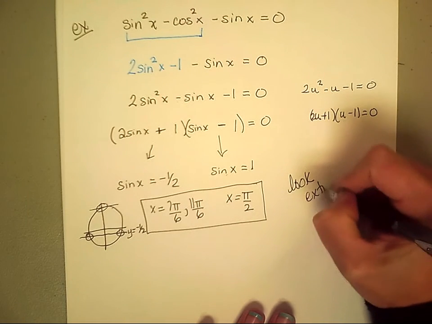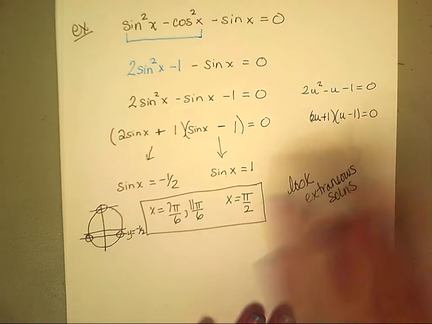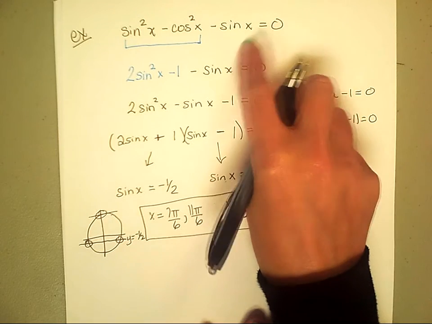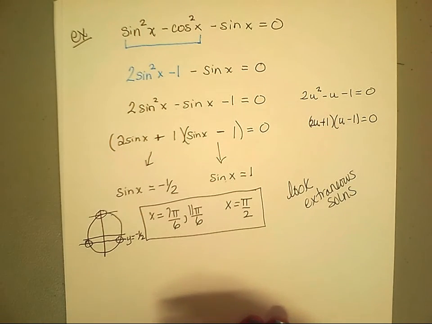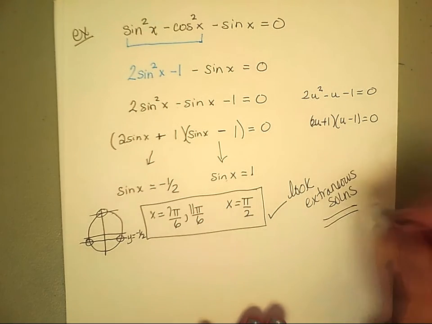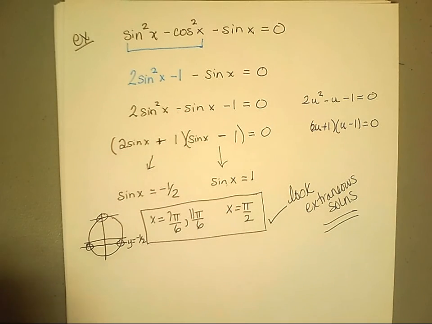You may need to look for extraneous solutions. That is, if we plug these all back in, they have to equal 0. It has to make the equation true. In this case, I've checked them before, and these all actually work. But anytime you do a substitution and change things around, you need to look for an extraneous solution.